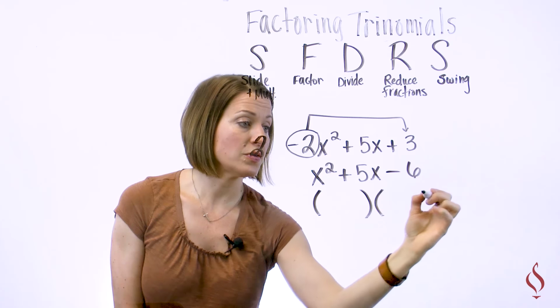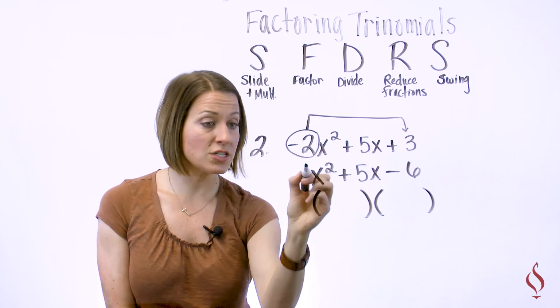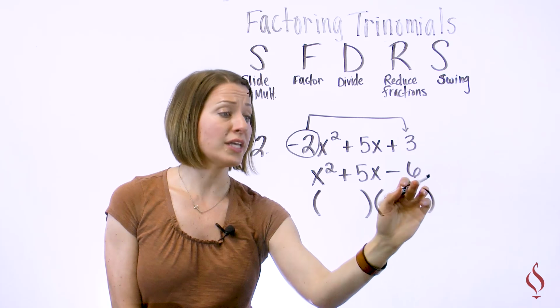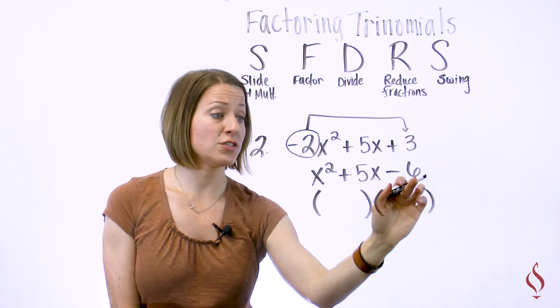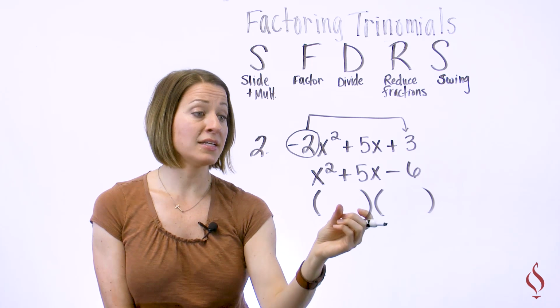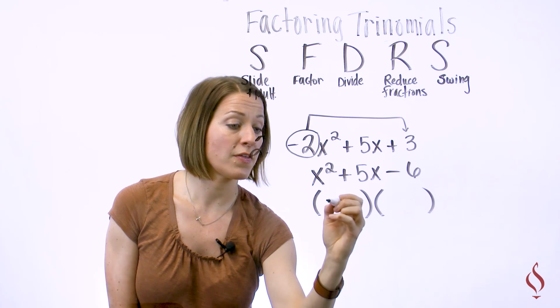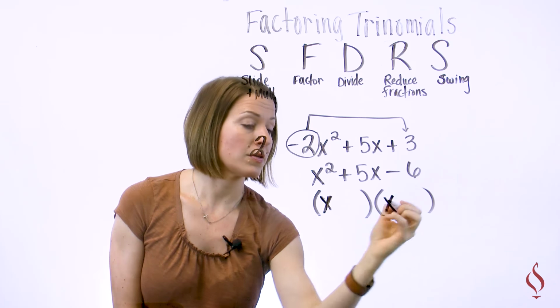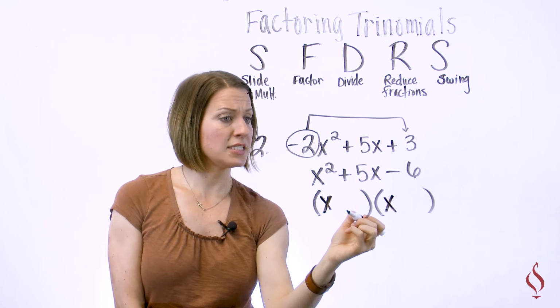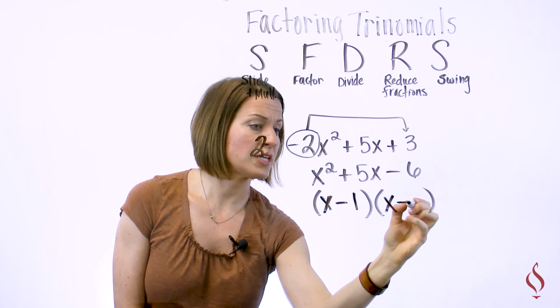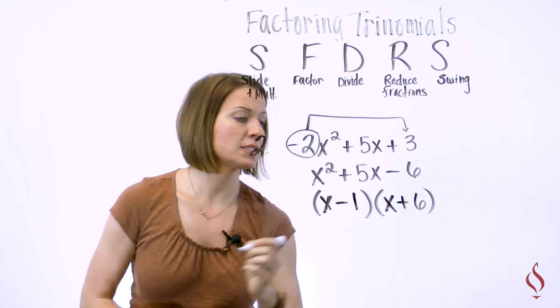So now because there's not a leading coefficient right here, we can ask ourselves: two numbers that multiply to -6 and add to +5. Okay, in this case it looks like it would be -1 and +6.